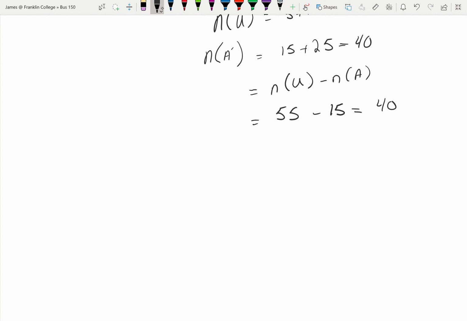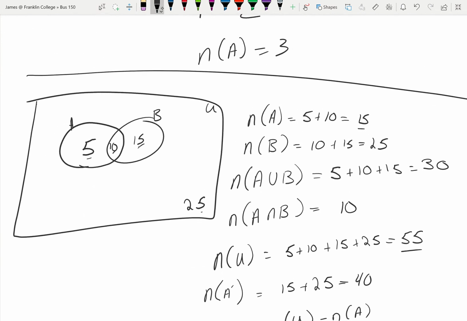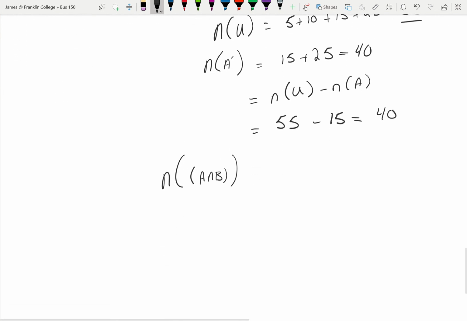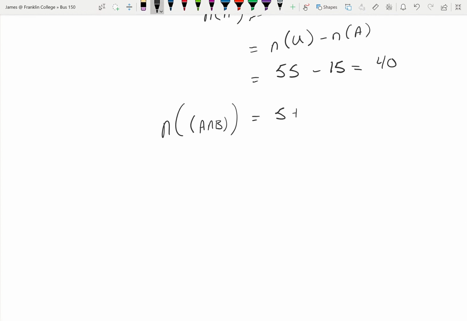So we could also be interested in the number of elements that's in the complement of A intersect B. Well, one way that we can think about this is just sum up all the numbers that's not part of the intersection. So 5 plus 15 plus 25, which equals 45.